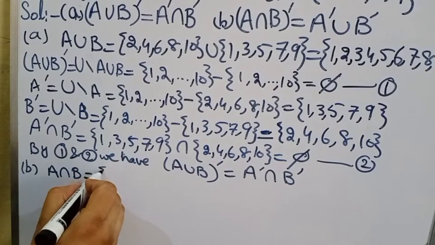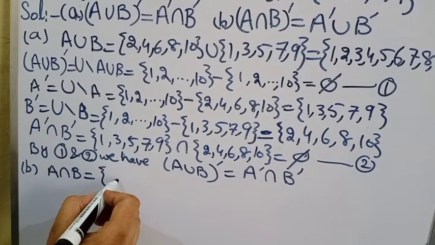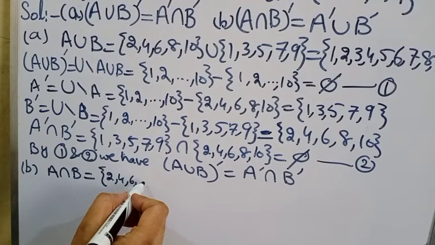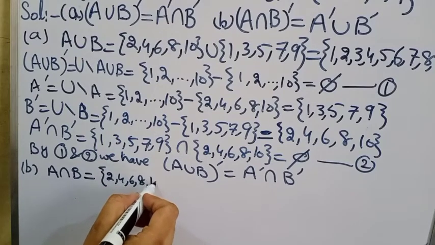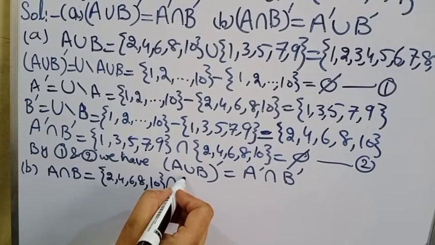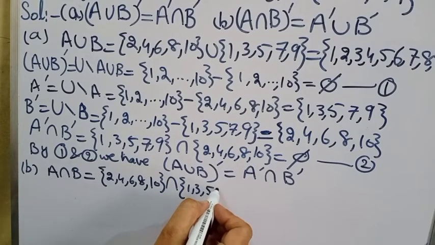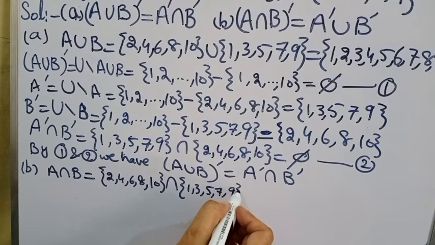Set A has elements 2, 4, 6, 8 and 10, and set B has elements 1, 3, 5, 7 and 9.